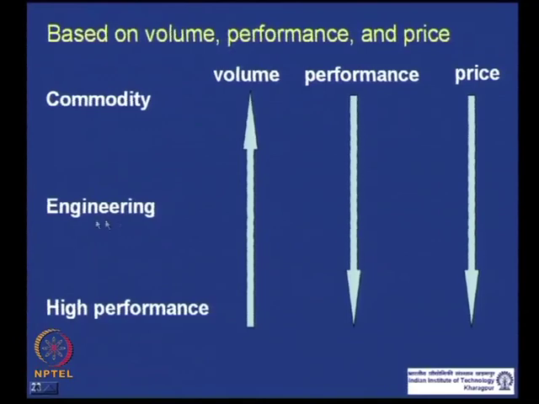The other two are engineering polymers and high performance polymers, and across these three, the volume goes down like this. You have more volume for commodity polymers, and performance goes up in this direction. The high performance polymers have the highest performance, and so does the price. Nothing comes cheap. As you get more performance from polymers, you have to pay more, so prices also go up.